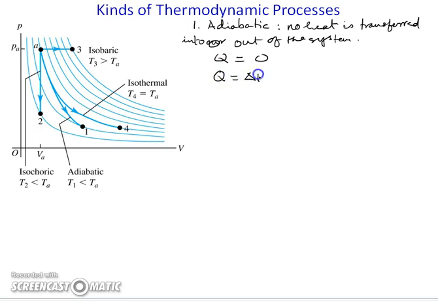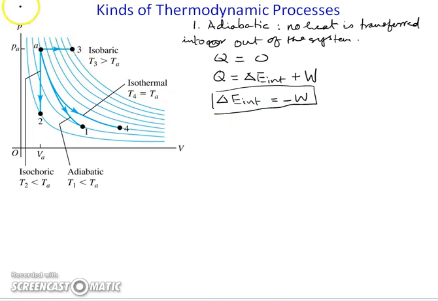to delta E internal plus work done by the gas, so delta E internal is equal to negative W because Q is 0, right?